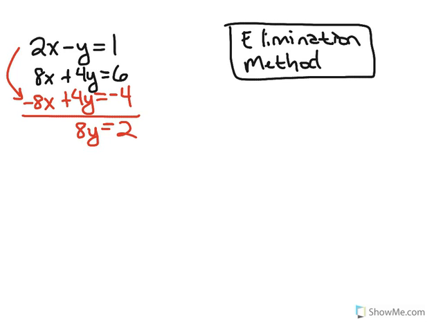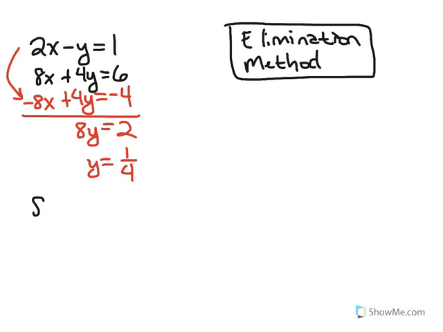So after doing this work, we have 8y equals 2. Divide both sides by 8. Y is 1/4. Now that we found out that y is 1/4, we need to figure out what x is. Well, let's put it back into the second equation.